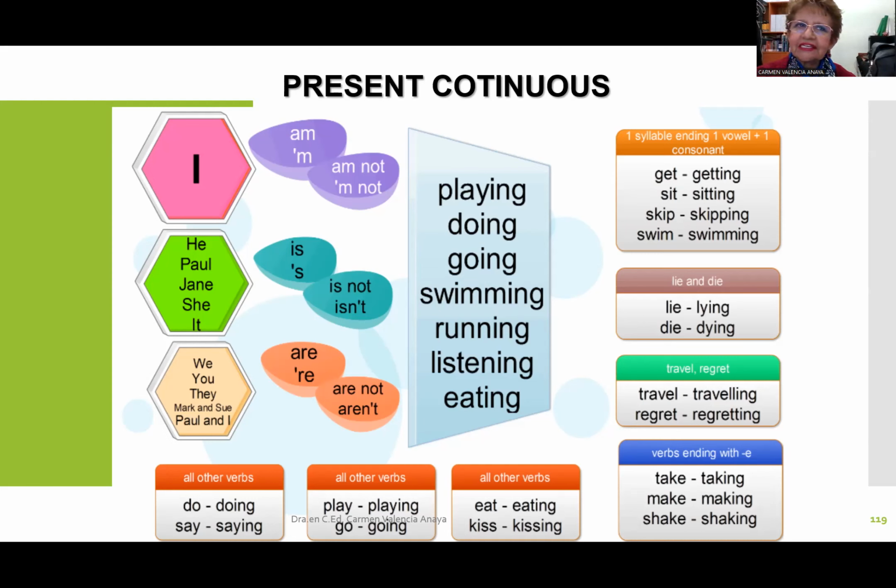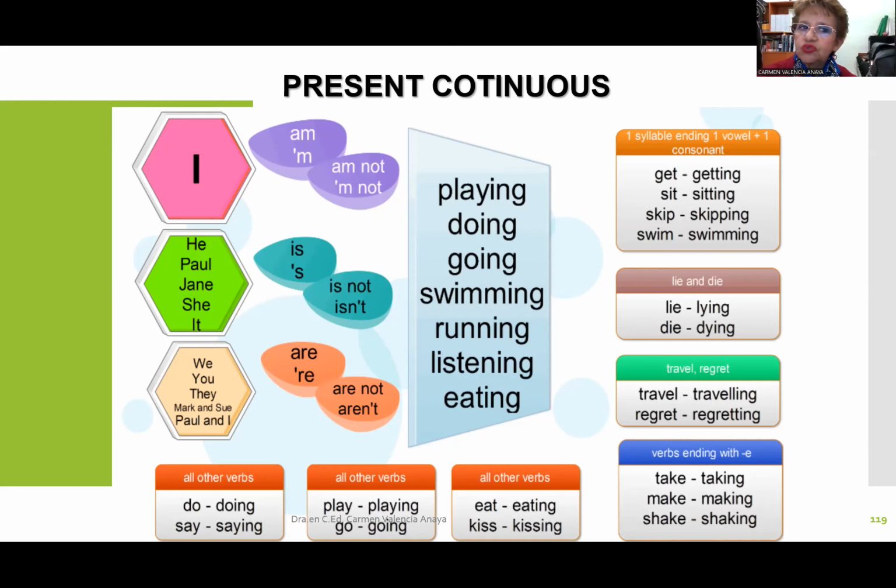What about the case when the verb ends with ie, like lie? I'm going to put lying. It's the same thing with dying, he is dying. What about in the case of travel or regret?